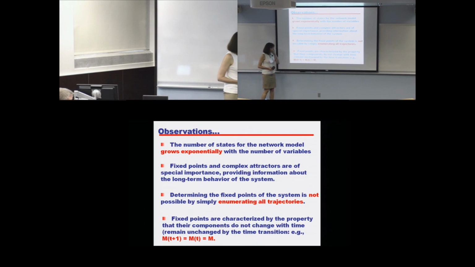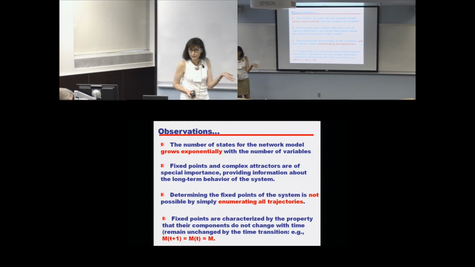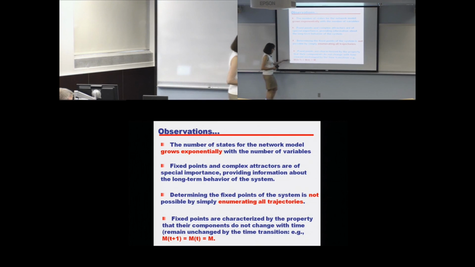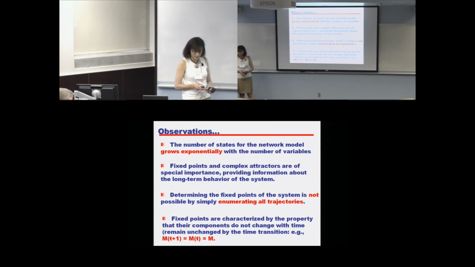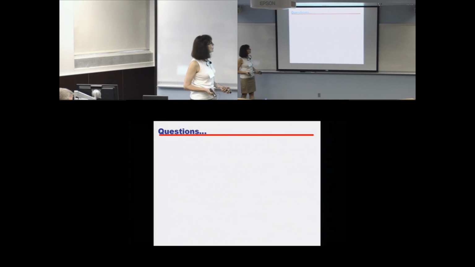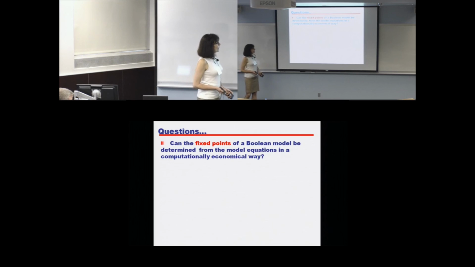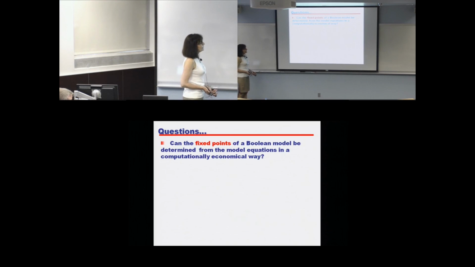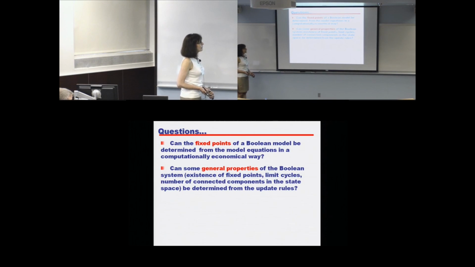The fixed points are particularly nice because they don't depend on time. So we can equate the values at all times and just drop time from the picture and see what will happen there. So these are the questions that we want to look at.